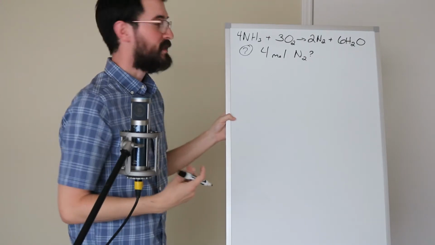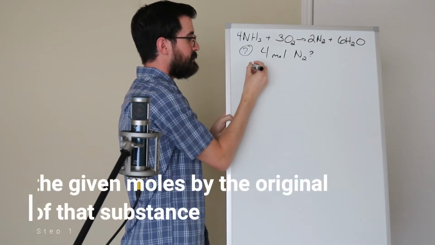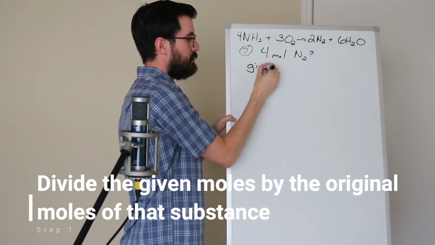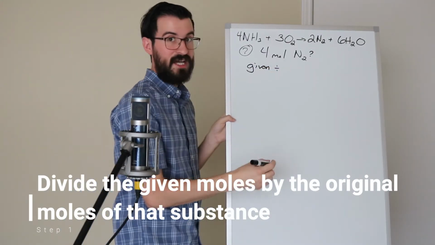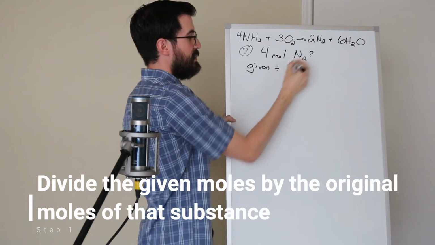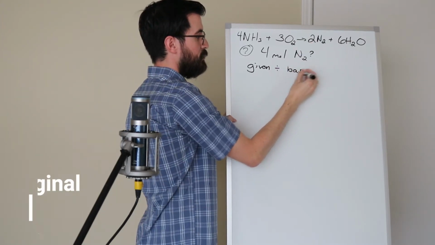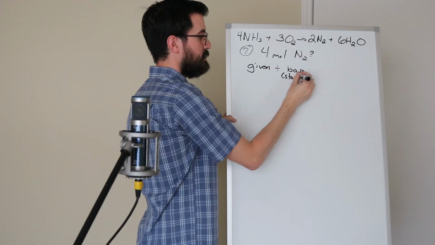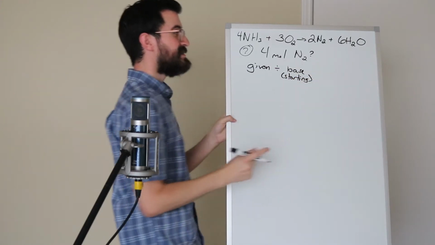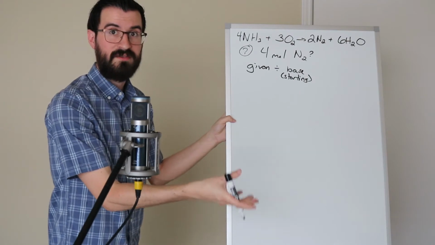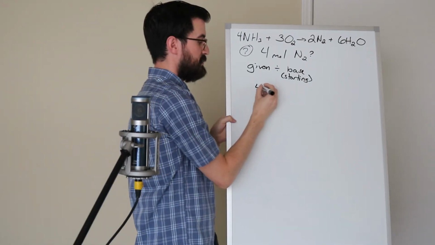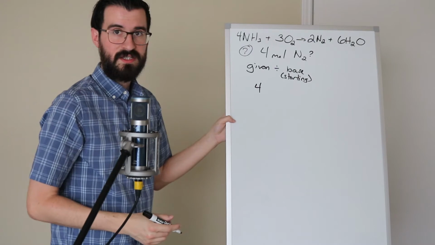How do we do that? It's simple. We will take the given from the problem and divide that amount by the base or starting amount. In this case, since our book said you're given 4 moles of nitrogen, that goes first in the given.